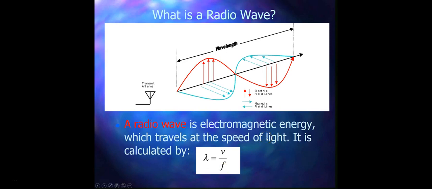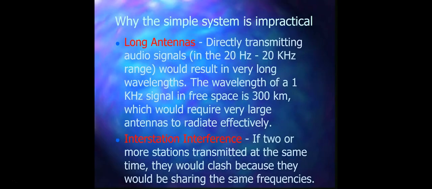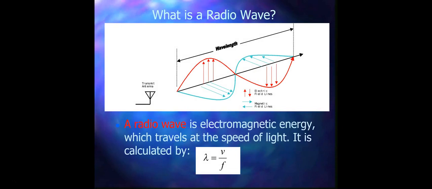Now coming back to the first problem, which is mentioned over here, that we might need a long antenna. To discuss this, we need to understand that in order to be efficient, radio transmitting antennas need to be at least 1/4 of a wavelength long. Shorter antennas can be made to work, but they don't radiate energy very well. To illustrate this, we'll take an example of a 1 kilohertz frequency.